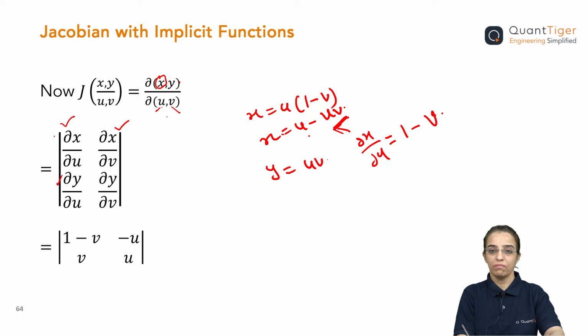So you will get minus v, because the derivative of u with respect to u will become 1. That's why we are getting 1 minus v.